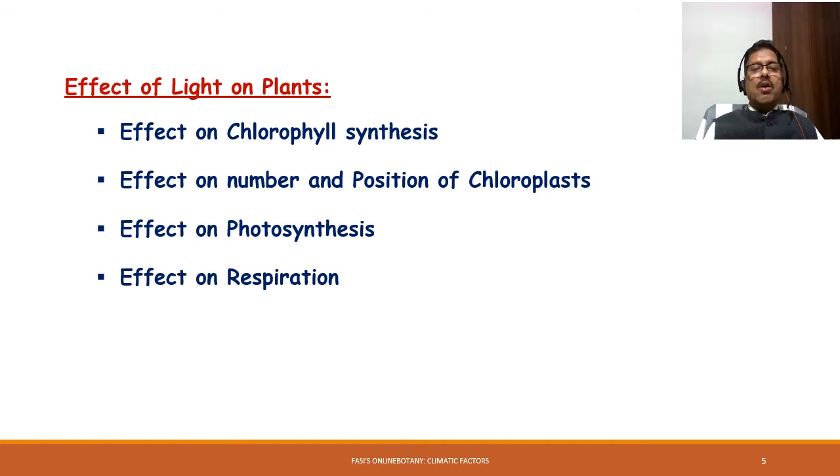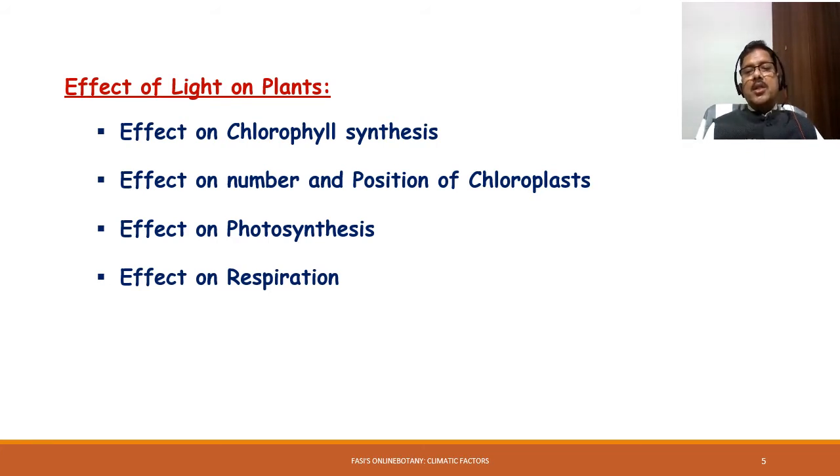Then the effect on the number and the position of the chloroplasts. The upper surface of the leaves, which receives maximum sunlight, has the largest number of chloroplasts arranged in line with the direction of the light. Then the effect on photosynthesis.